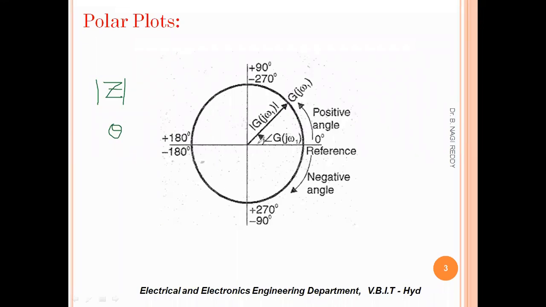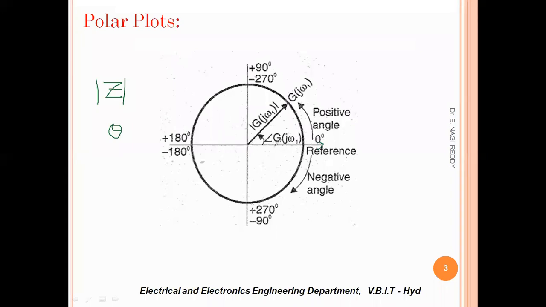So you can see this is the general magnitude representation, which is the radius of the circle. So the radius of the circle represents the magnitude, and you can see the angle here, the angle which is making with the 0 degrees line.